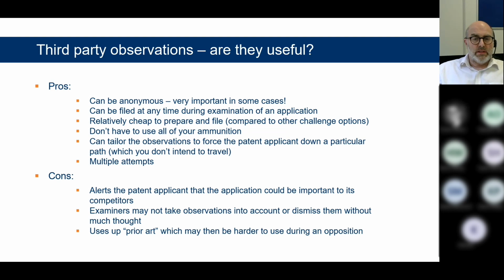If you filed third-party observations anywhere around the world and you've used certain documents, if you then want to attack the US patent after grant, it might make it really, really hard for the US examiner to say, well, actually, no, because those documents have already been assessed by other patent offices and they weren't deemed to be particularly relevant. Again, the cons, I don't think, outweigh the pros, and I think third-party observations are by far the best way of trying to challenge a patent application and make sure that it doesn't get granted in the form that you don't want it to be granted.